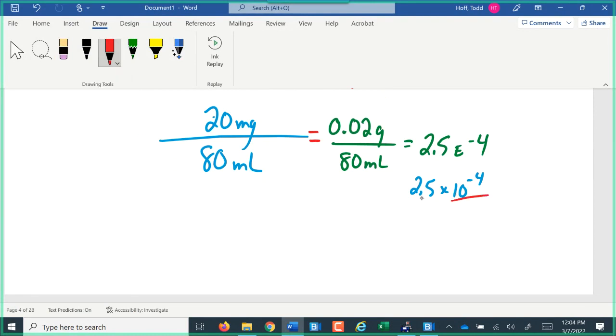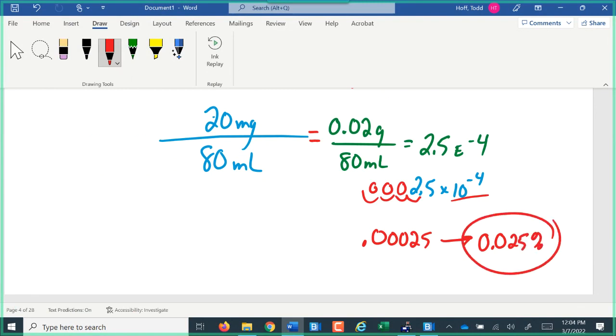So that 10 to the negative 4th means I take that decimal point and I move it 4 spots to the left, adding zeros. 0.00025 is my concentration. I still have to turn it into a percent. I move the decimal over 2 spots. That's a 0.025% concentration. And again, the reason for such a low concentration is because we were measuring our serum in milligrams, and for a weight and volume concentration, it does have to be grams into milliliters.